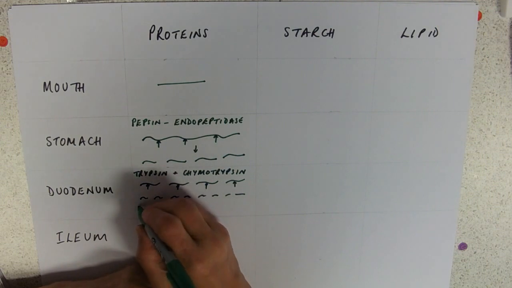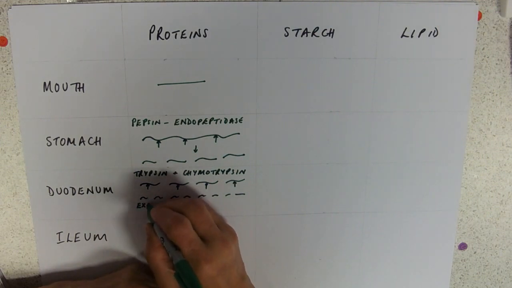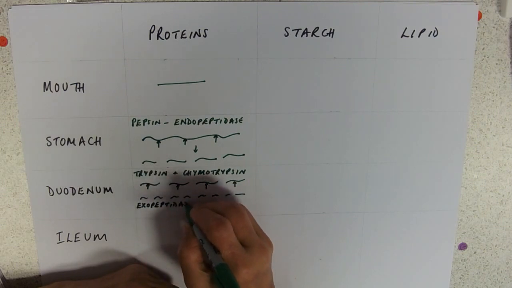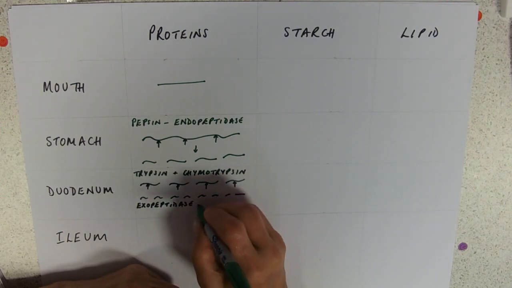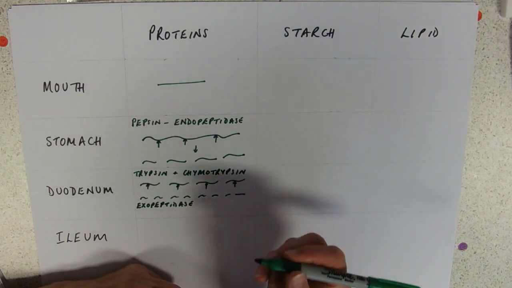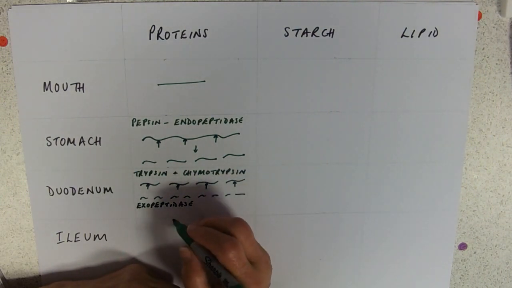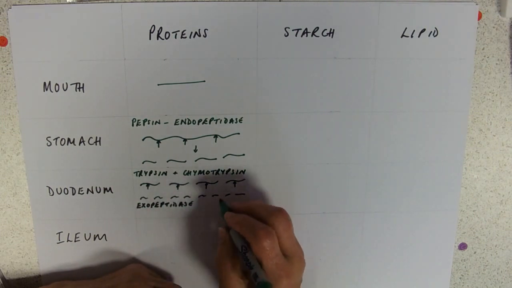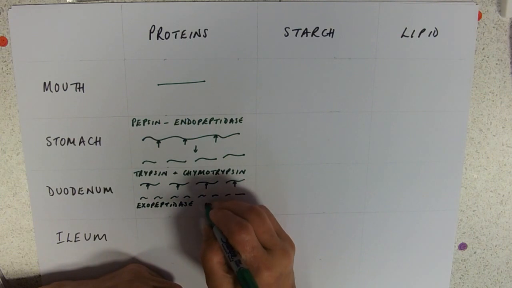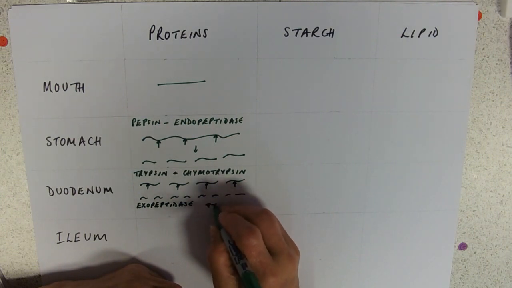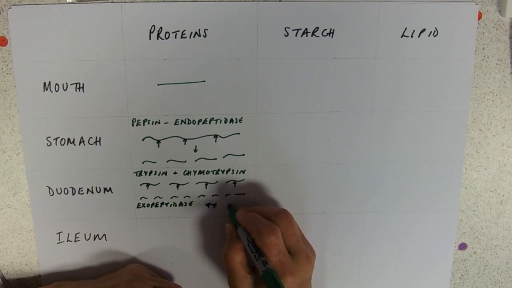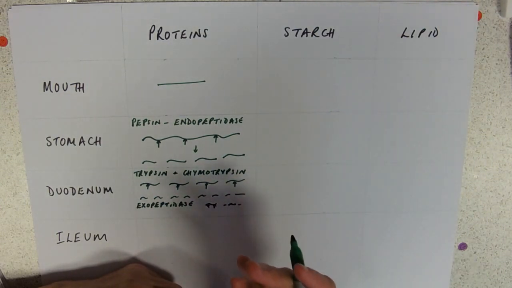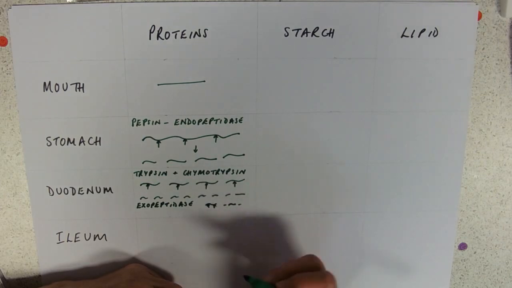But we also have an exopeptidase, again released from the pancreas, and this is carboxypeptidase. I'm not sure you need to know that. What that's going to do is take the ends off these. So if you were looking at one really short polypeptide, it might take the end off there and the end off there, releasing a dipeptide and 2 amino acids. So it's going to release some amino acids and some dipeptides.